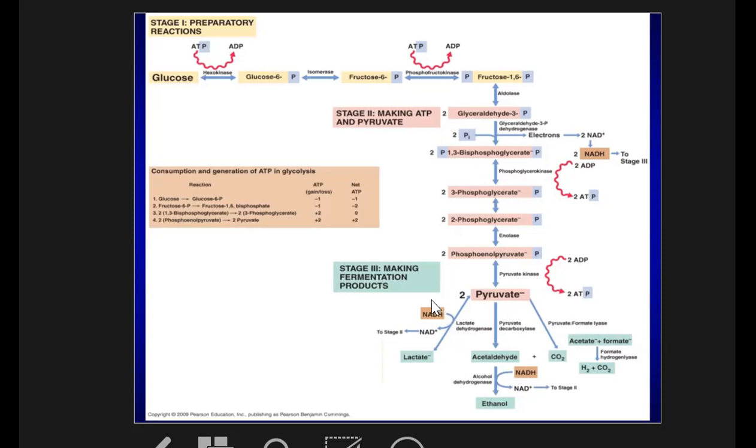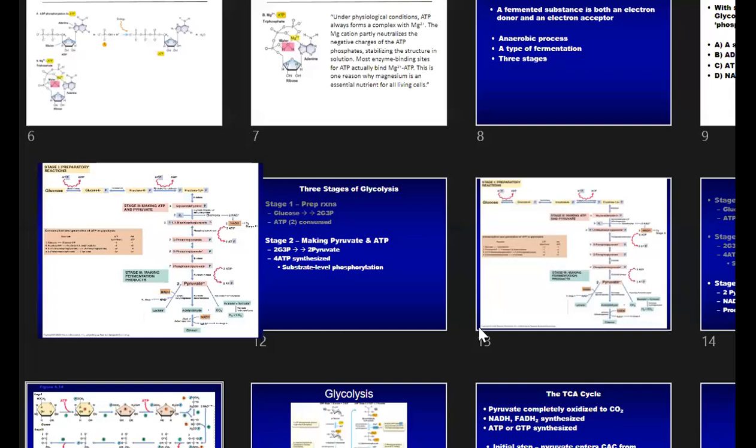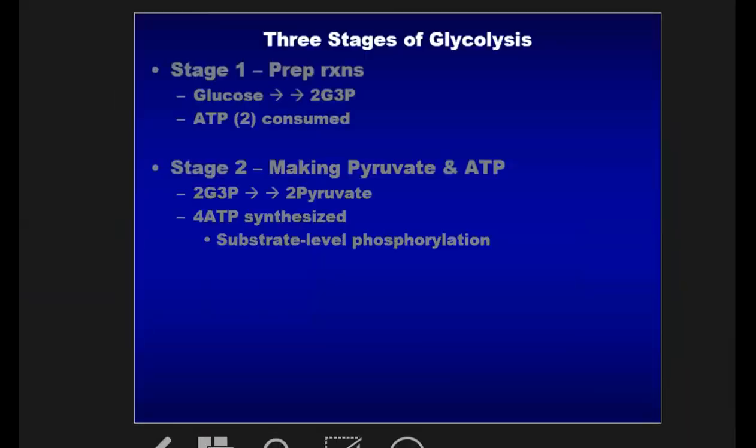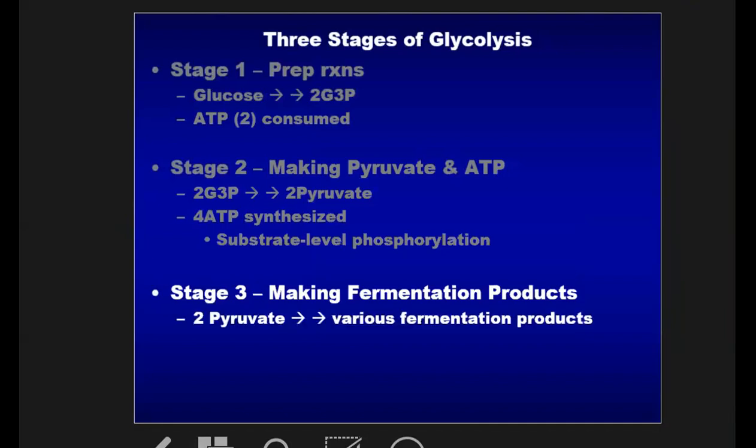And then with stage 3, we're getting into that last bit on the image where they start making fermentation products. And I'll get a little bit more into fermentation in more detail later. But for right now, let's just say, yep, that's the stage where they make fermentation.